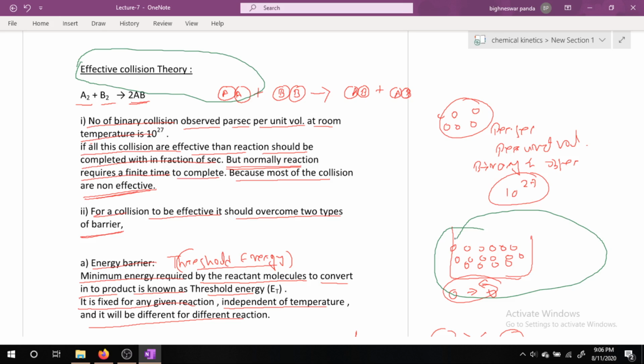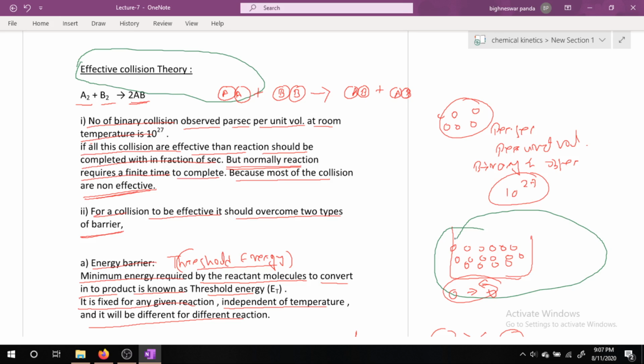If all these collisions were effective, then the reaction should be completed within a fraction of a second, but normally the reaction takes a finite time. That means all the collisions are not effective. Some of them are effective.